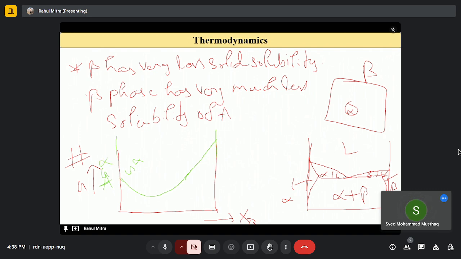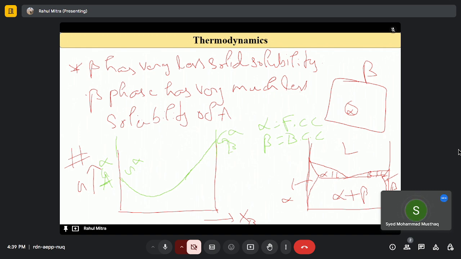That means the pure A with alpha crystal structure. And here, the free energy of pure B with alpha crystal structure. Suppose the alpha crystal structure is FCC, so the beta crystal structure is BCC. I'm just assuming the free energy of pure A in alpha crystal structure, and pure B in alpha crystal structure.